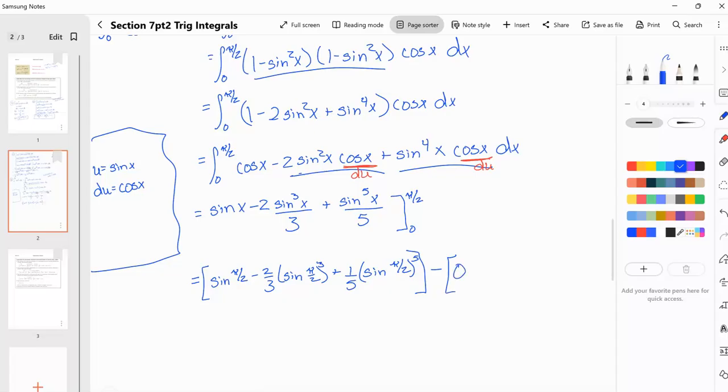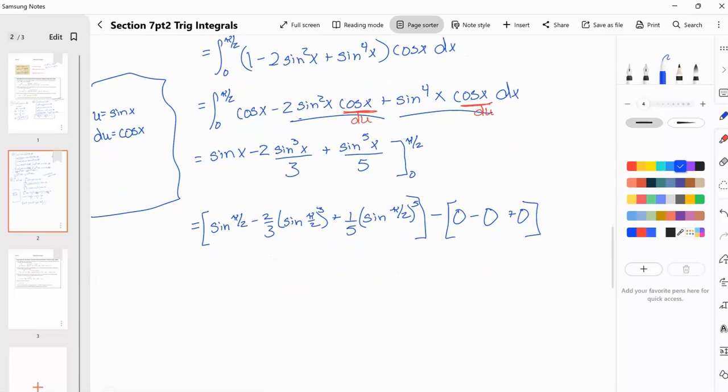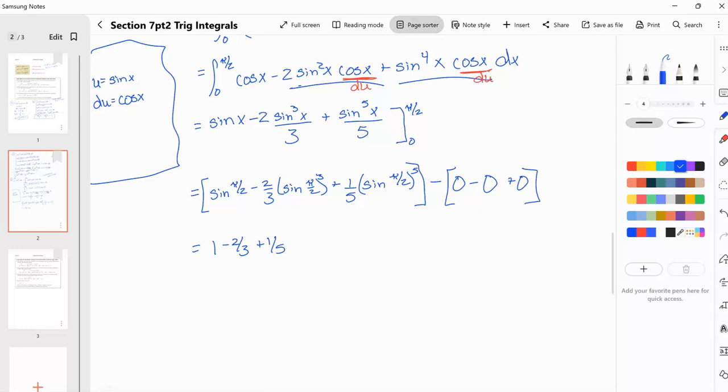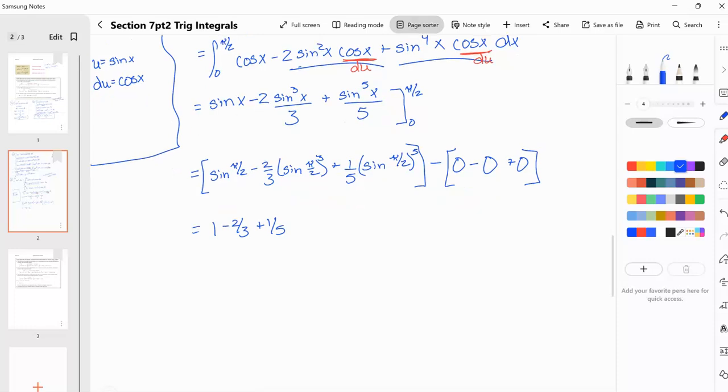Sine of 0 is 0. So this would be a 0 as well, and this would be a 0 as well. We know sine of pi over 2 is 1, so this is going to be 1 minus 2/3 times 1 plus 1/5 times 1. Which is going to be 8 over 15.